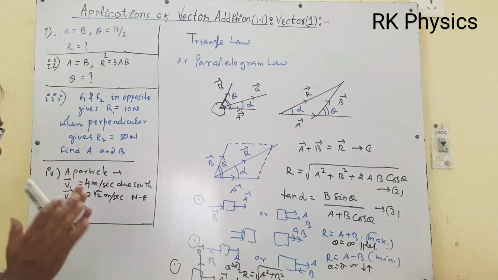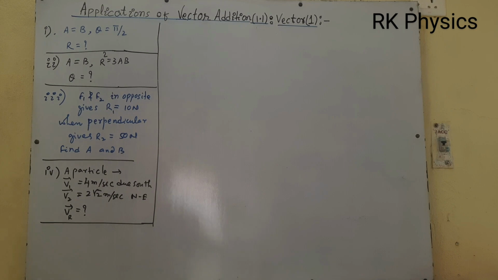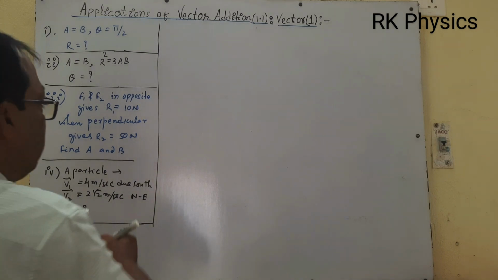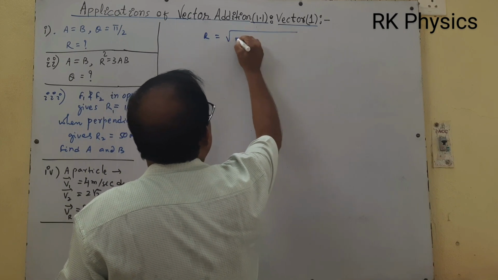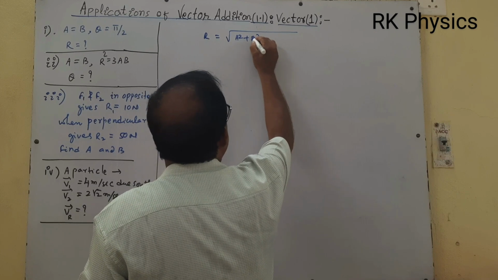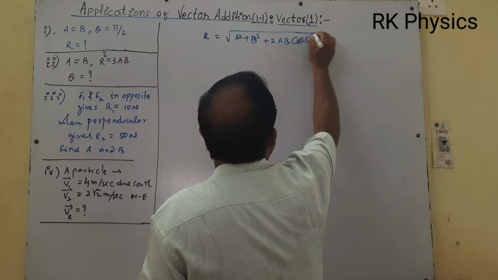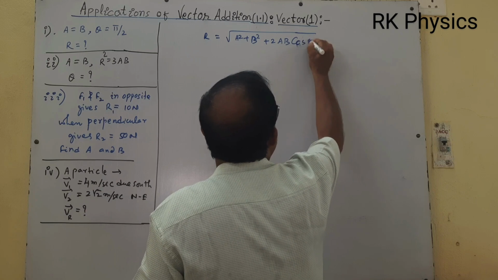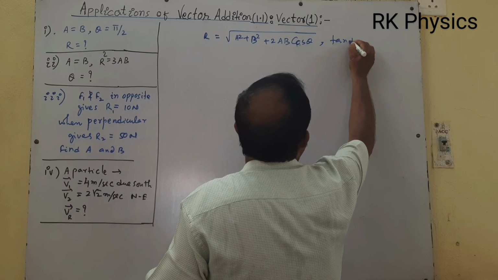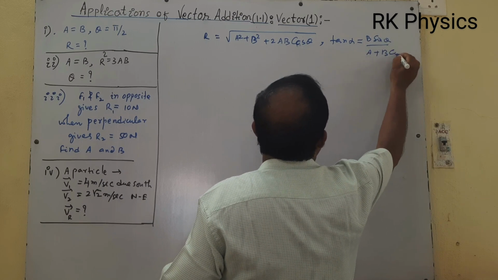By taking these concepts into account, let us approach certain applications. Just to remember the formula: R equals root over A squared plus B squared plus 2AB cos theta, and tan alpha equals B sin theta divided by A plus B cos theta.